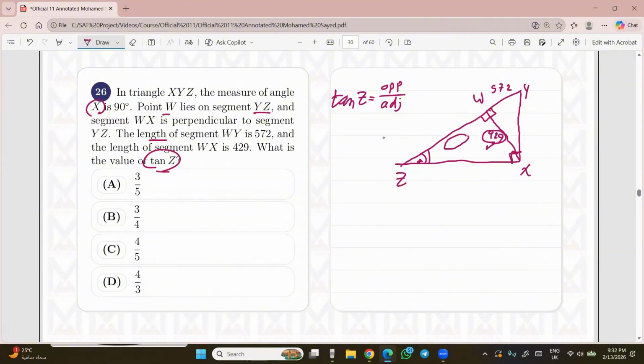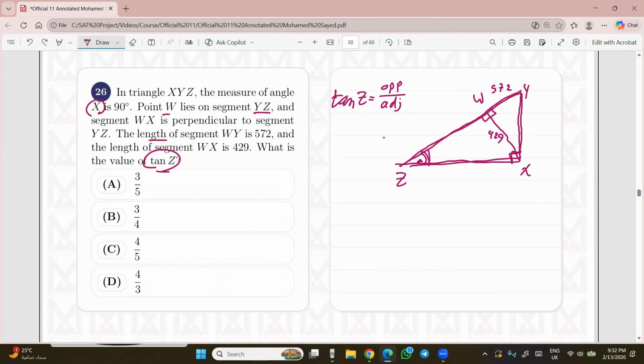We know the opposite while we do not know the adjacent, so we cannot use this triangle. Okay, another way. Look at the bigger triangle. Tan Z is equal to the opposite, which is this one, over the adjacent, which is this one. We do not have any of them. We have 572, which is part of it, not all of it. So we cannot use this as well.